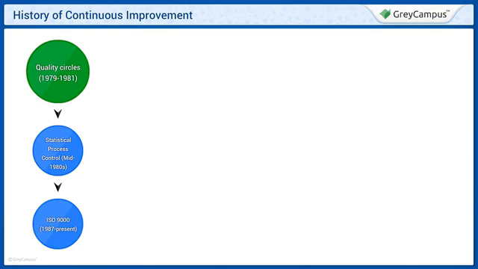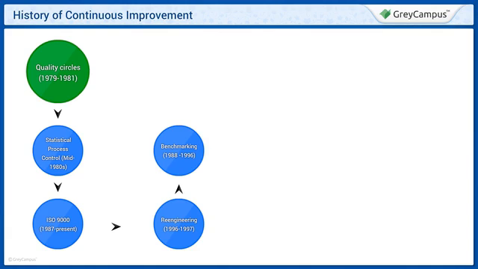ISO 9000, 1987 to present, a set of international standards of quality system elements to be implemented to maintain an efficient quality system. Re-engineering, 1996 through 1997, a breakthrough approach involving the restructuring of an entire organization and its processes.